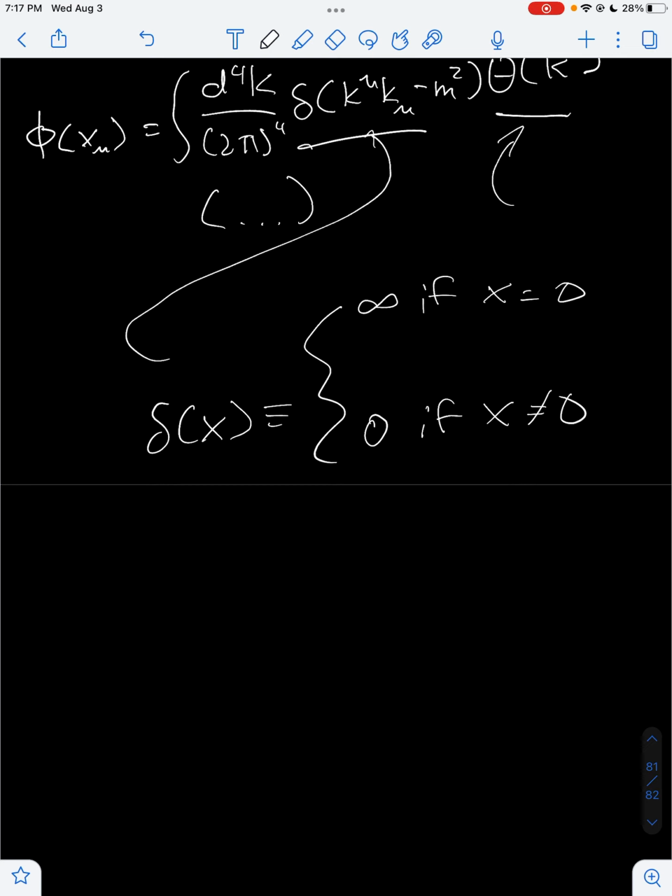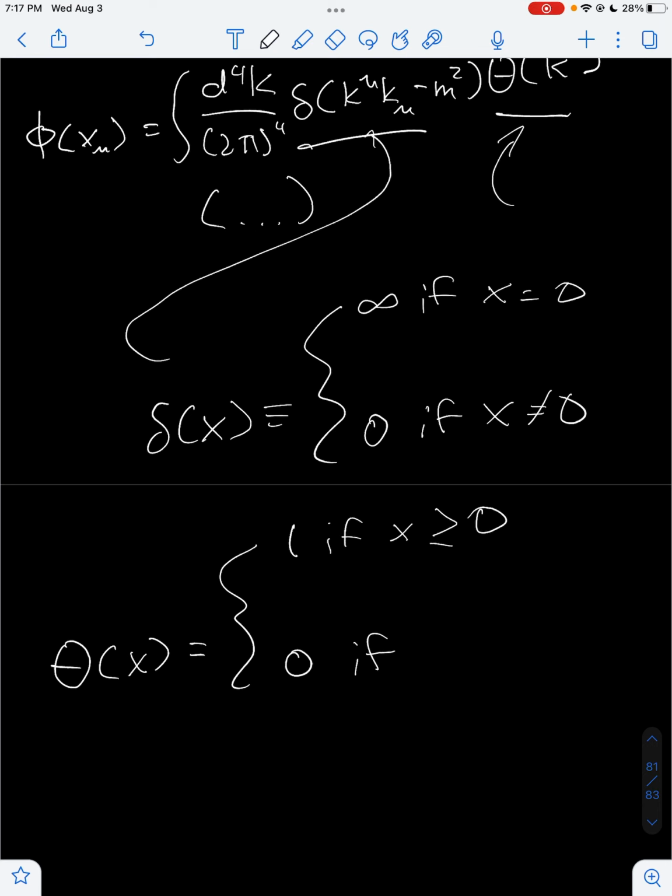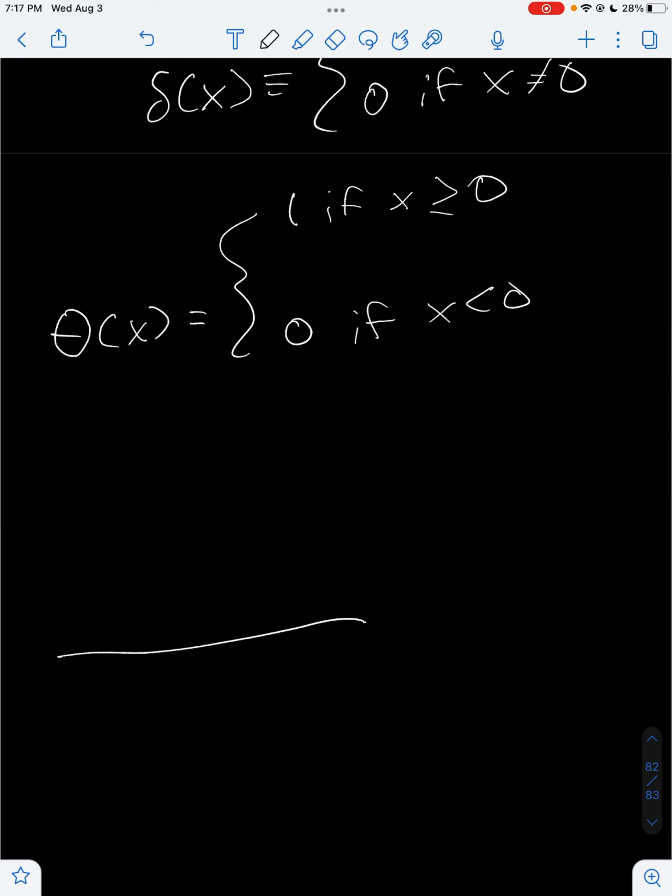So the Heaviside function is a function of some variable, let's call it x. It's going to be defined as being 1 if x is greater than or equal to 0, and then 0 if x is less than 0. So if you were to plot this Heaviside function, we get this. So here's 0, and then here's 1.